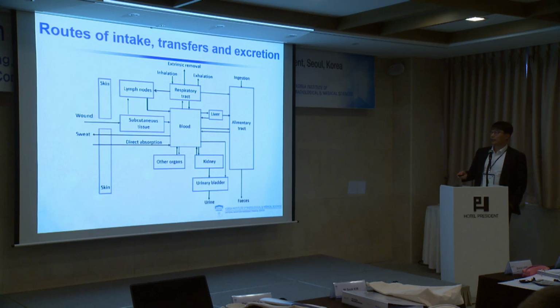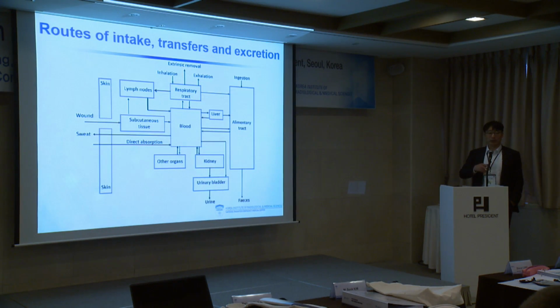And the other routes of intake are wound contamination or skin absorption, like this. In this case, these radionuclides can move to the subcutaneous tissue or blood directly. These are general routes of the intake of the radionuclides.